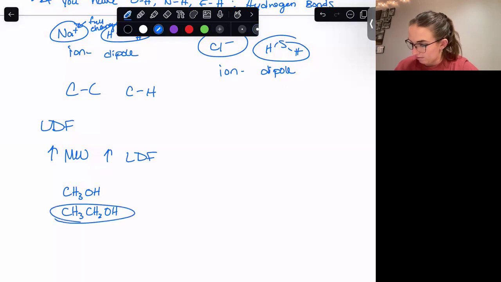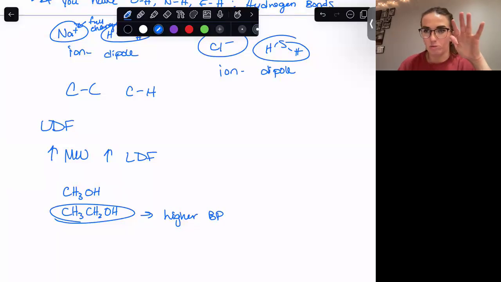So this one would have the higher boiling point. So larger molecular weight equals greater London dispersion forces, which means higher boiling point, which means lower vapor pressure.